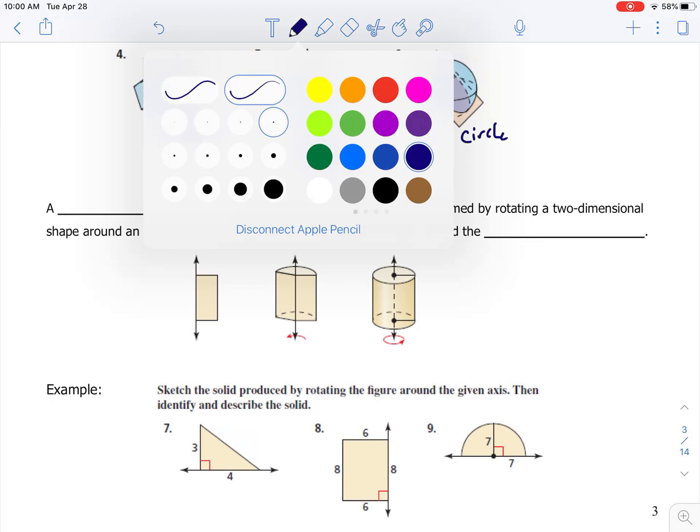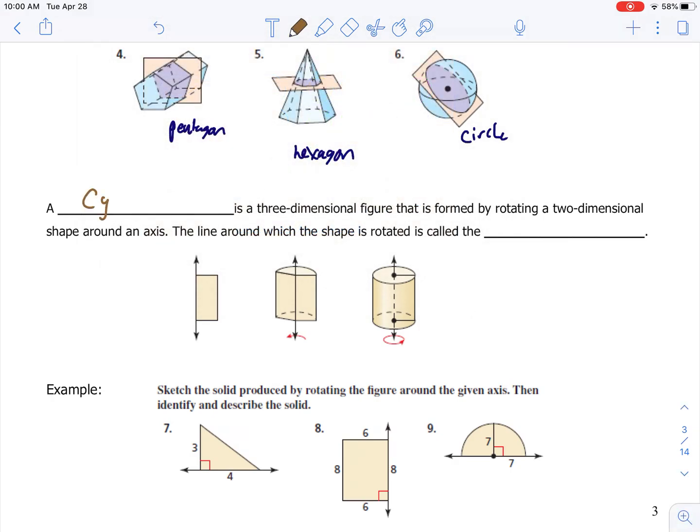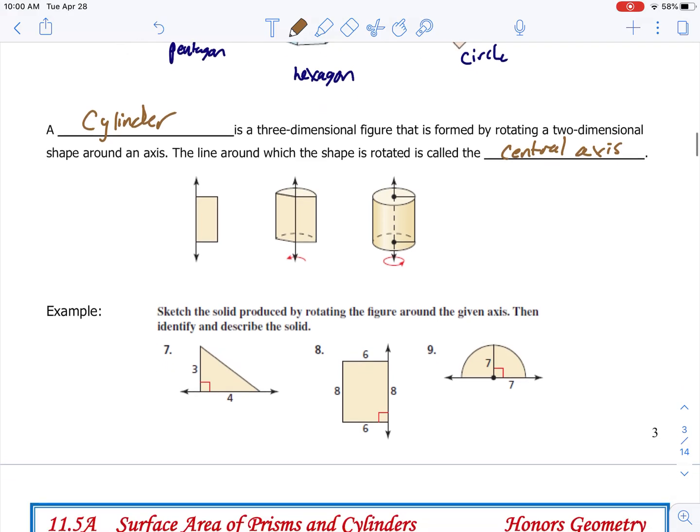Now, the other type of solids that we'll introduce are those that are formed by rotation. A cylinder is a three-dimensional figure that's formed by rotating a 2D shape around an axis. The line which it rotates around is the central axis. And again, a lot of times whenever we have anything like this, it's going to create something with a curved edge.